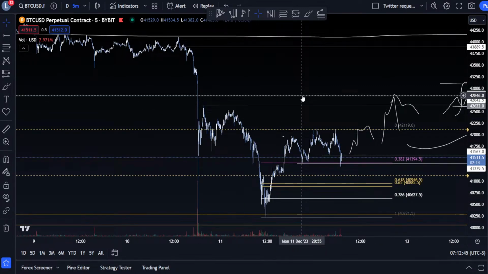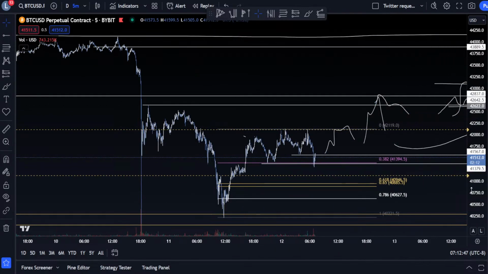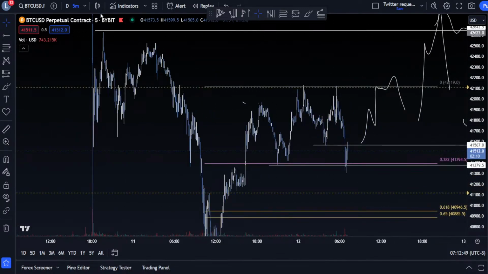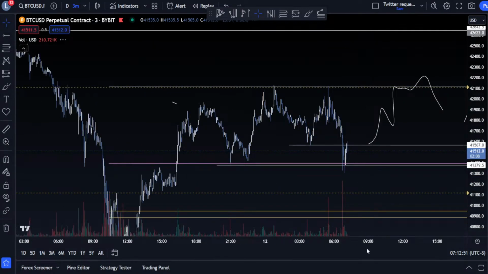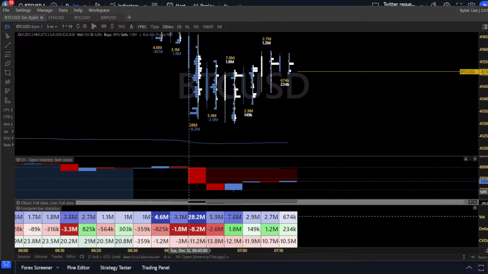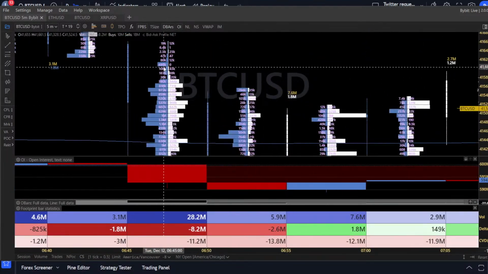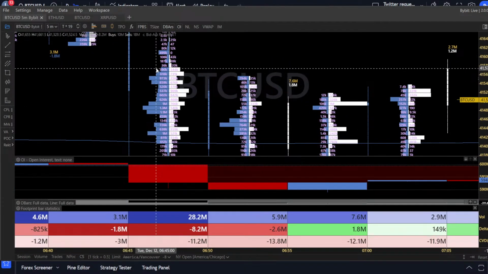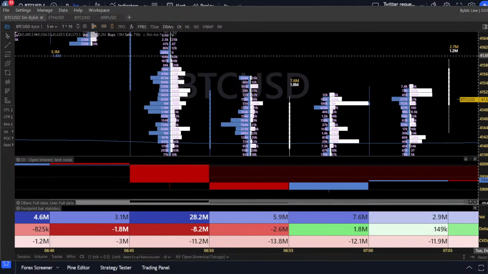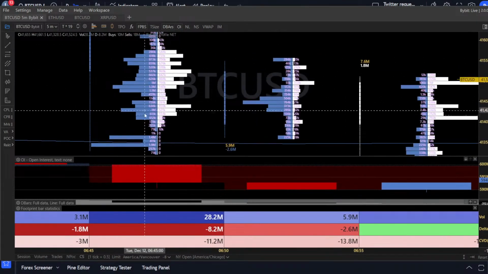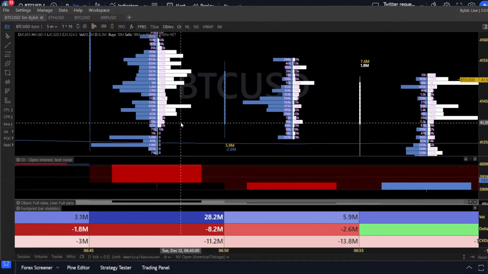Somebody's asking, what does delta mean? Okay, let's go over to EXO here. So here, this is the delta. You see in this candle, we have these numbers and blue bars on the left, white on the right. This is market selling. This is market buying.